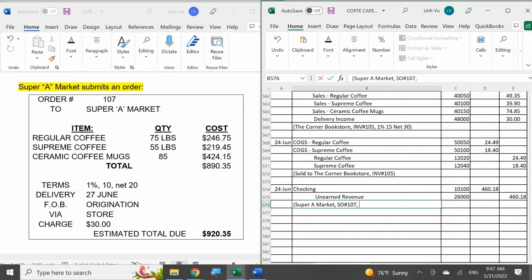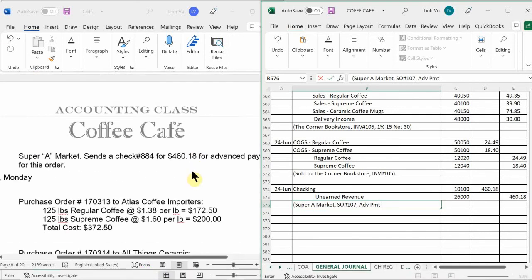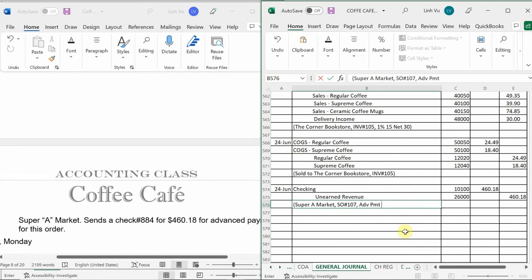And they put a down payment. Looks like $460.18 is 50%. So advance payment 50%. And they gave us check number 884.